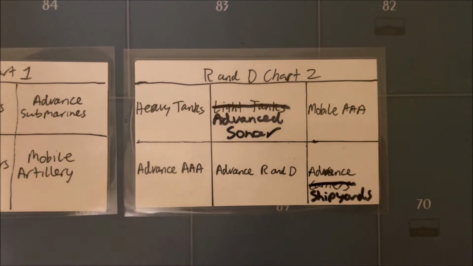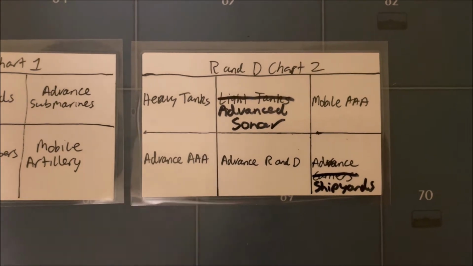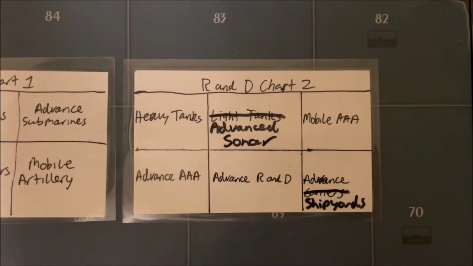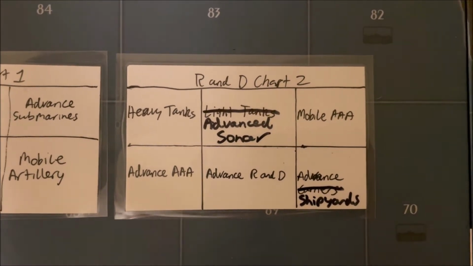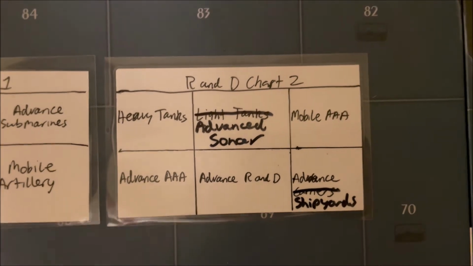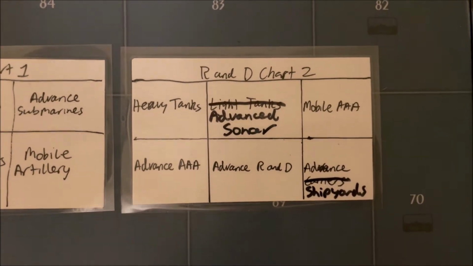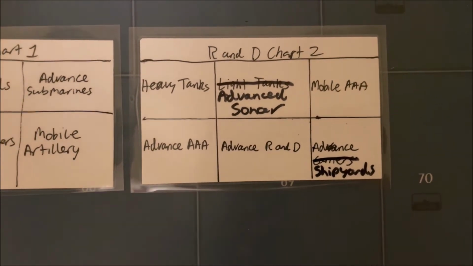Next is advanced sonar. If a destroyer is present in a sea zone with an enemy submarine, that submarine's attack value is decreased by 1. Mobile anti-aircraft guns, basically same as the mobile artillery. Anti-aircraft guns are now mobile and can move 2 spaces.